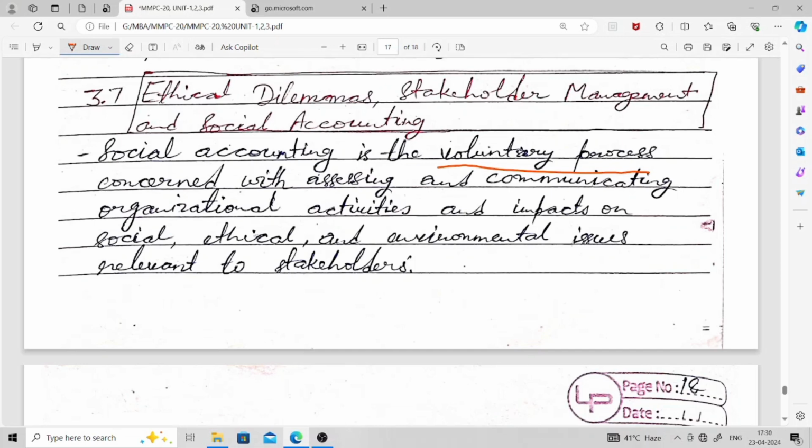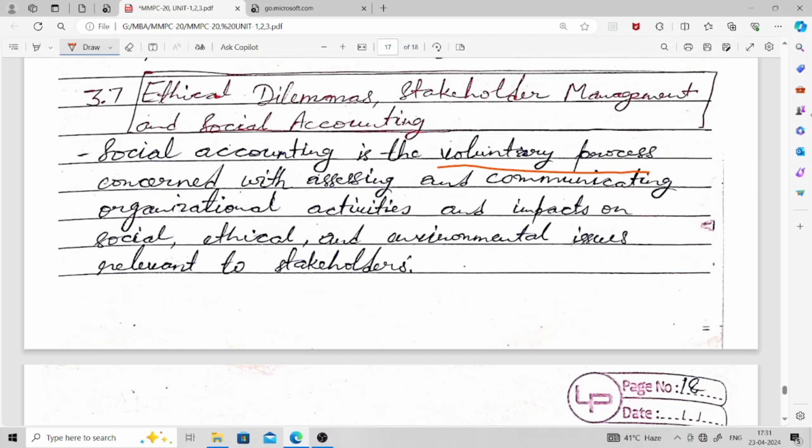Social accounting is simply the process of assessing organizational activities and communicating those activities to relevant stakeholders, which impact social, ethical, environmental issues.